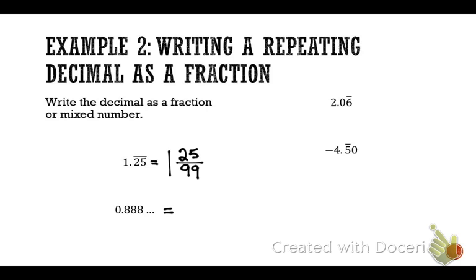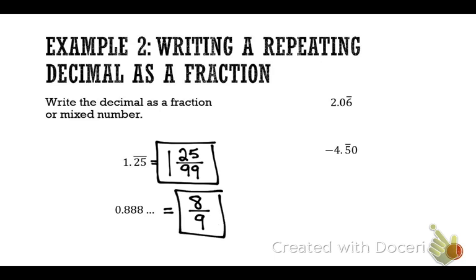Help your buddy if they need help. Equals, and that'll give you a fraction. Then shift S to D would change it to a mixed number if you needed to, but in this case, it just stays 8/9. I'm going to walk around and check on you guys and see how you're doing with those conversions.